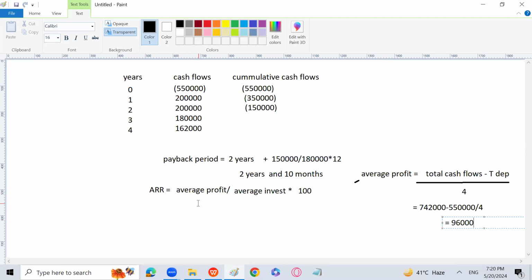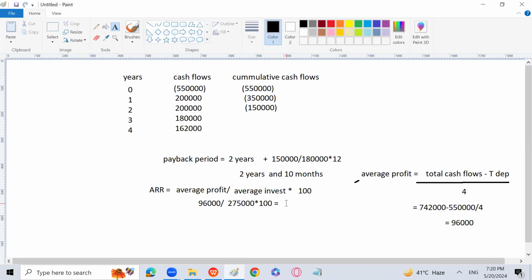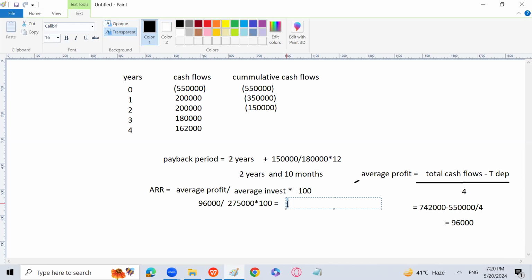Now I can calculate over here. 96,000 divided by average investment. Average investment is original investment divided by 2, that is 5,50,000 divided by 2, which is 2,75,000. So we will get our ARR, or average rate of return.